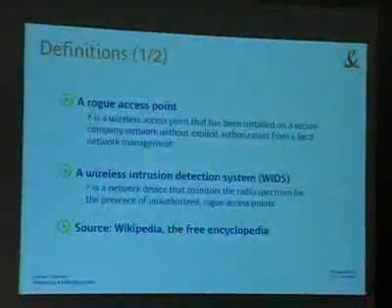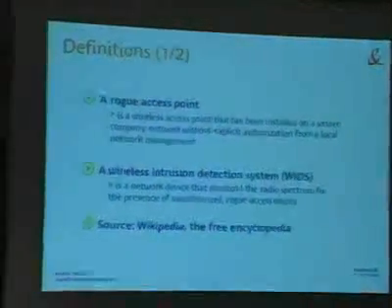This is a key feature which is generally implemented in wireless IDS, which are specific tools to analyze the radio, the layer 2 frames, and to do something more interesting about rogue access points, like locating them in the area of the enterprise, for example.